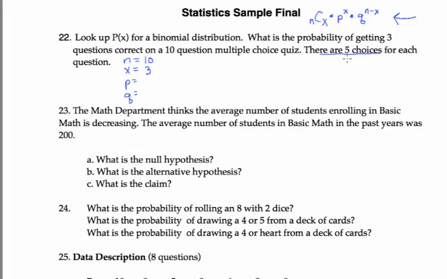So if you're going to guess one right, what's the probability of doing that? 1 out of 5, 1/5, or I use the decimal form of that, 0.2. Q is then the complement of P, 0.8, or the probability of failure. So if there are 5 choices per question, 1 choice is right, what's the probability of being wrong? 4 out of 5, or 0.8. After you find n, x, p, and q, it's simply a calculator problem.